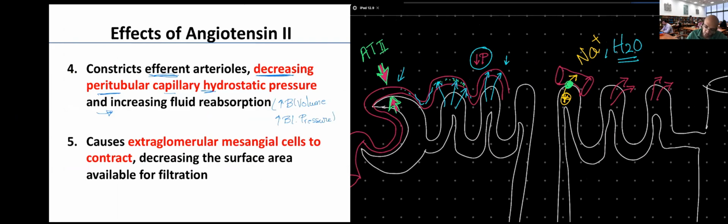And as I reduce the hydrostatic pressure within my peritubular capillaries, the water will be able to move back to my blood from the kidney tubules. So this can enhance and increase my tubular reabsorption, my ability to get fluid back from the kidney tubules.